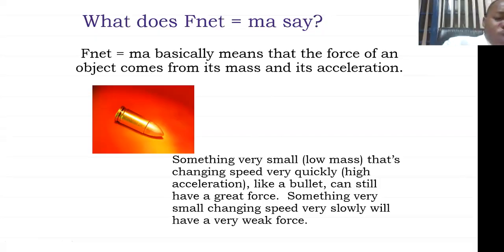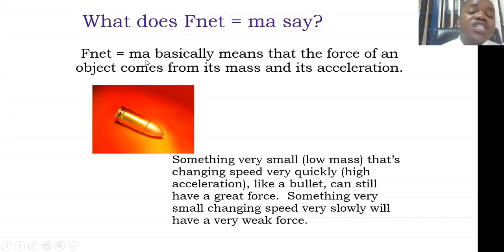Meaning when it started, it wasn't moving when it was inside the gun, and now when a shot has been made, the velocity changes from 0 to 200 meters per second in, let's say, 3 seconds. Then its acceleration is going to be very high.